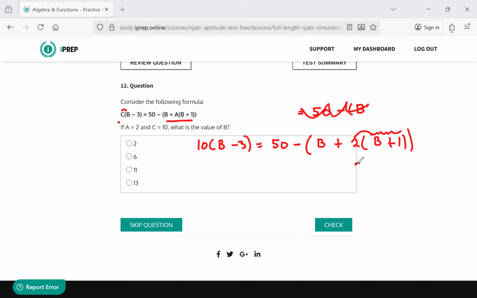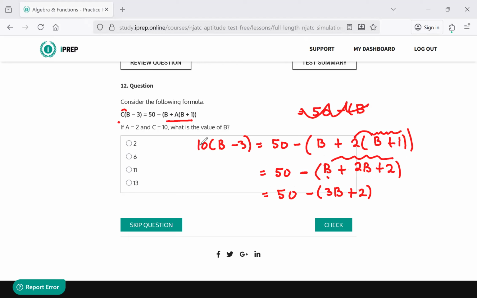So it's going to be 2B plus 2, and then you have this B right here, right? And then inside this parentheses, before I distribute this minus, I can combine the B's, right? You have 1B and a 2B. That's 3B plus 2.